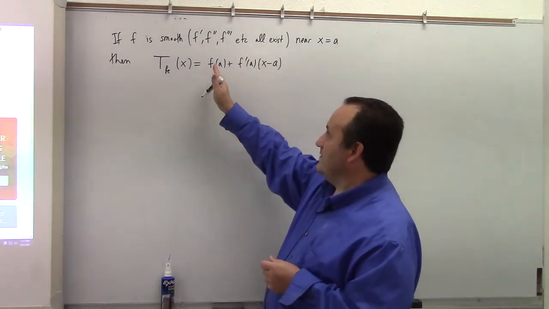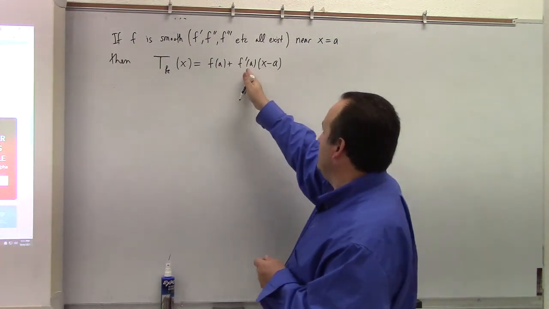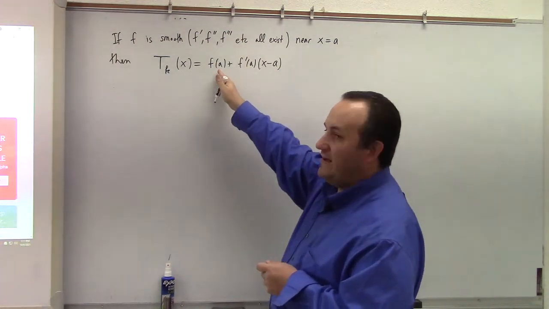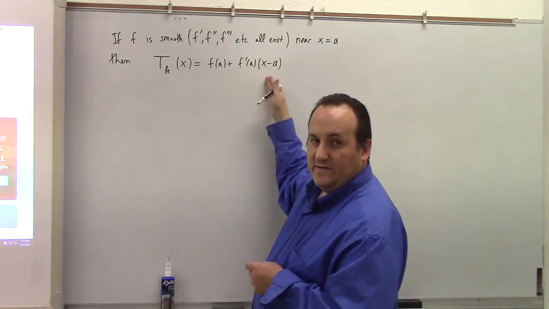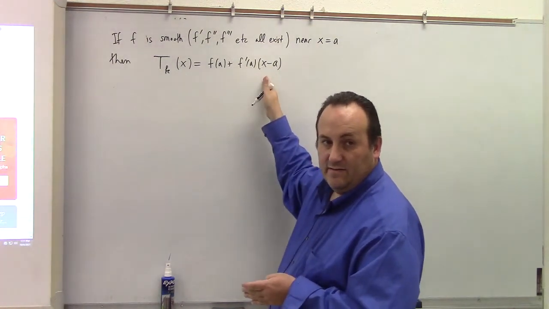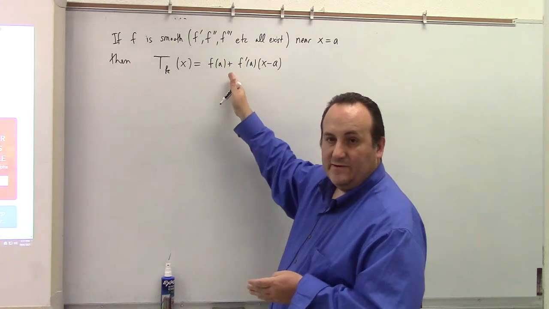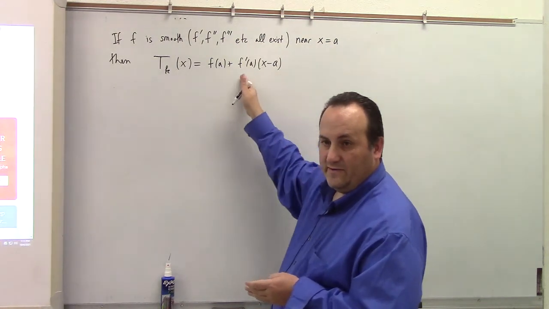So I do the constant plus the slope. This has point a, f of a, and it's got slope f prime of a. If we put y equals to this, we're looking at the tangent line. So this is what we call the linearization of the function centered at a earlier in the course.